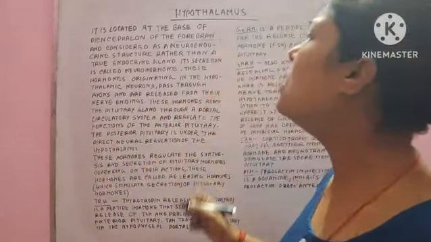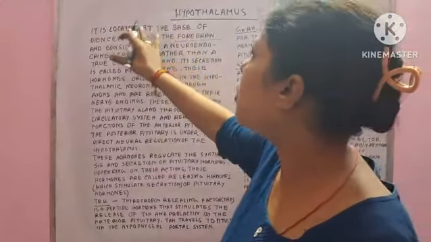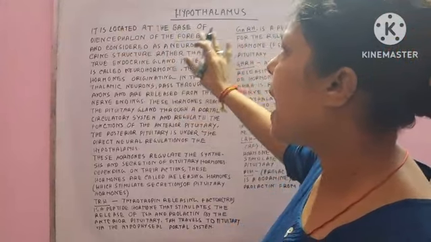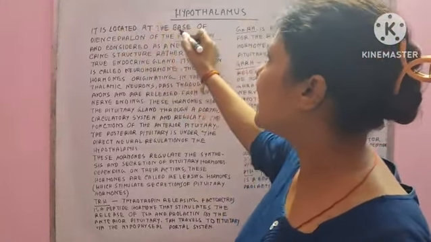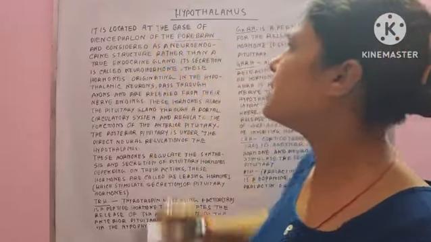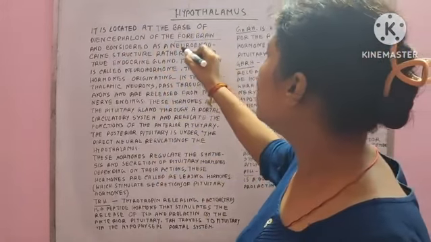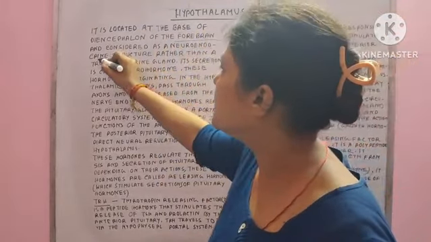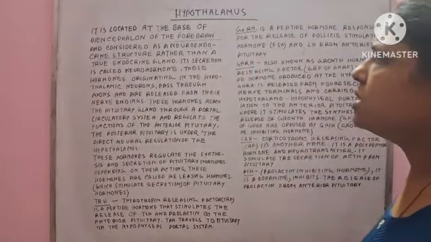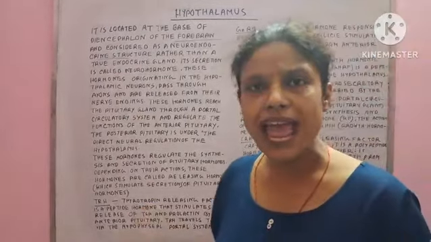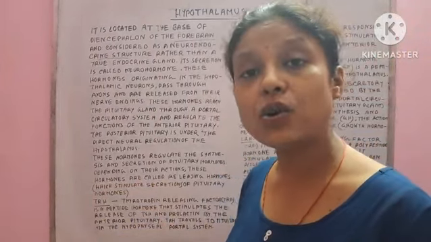So the diencephalon is a part of the forebrain, and the hypothalamus is located at the base of the diencephalon and is considered a neuroendocrine structure. It is known as a neuroendocrine gland rather than an endocrine gland.